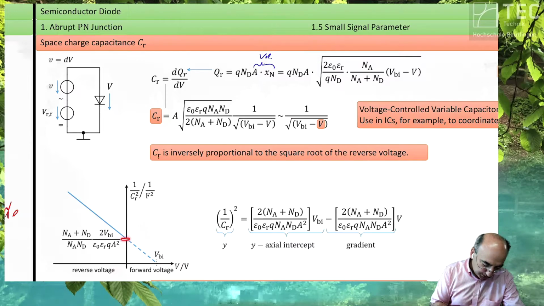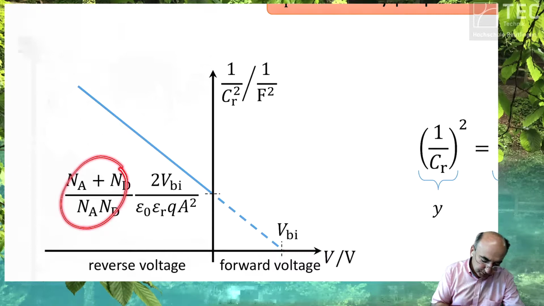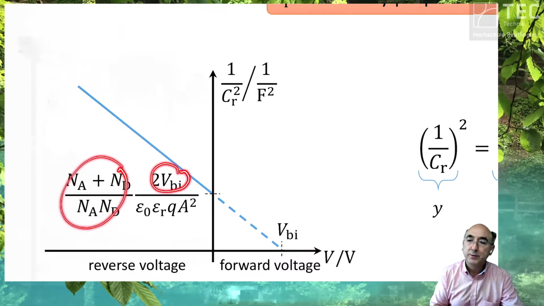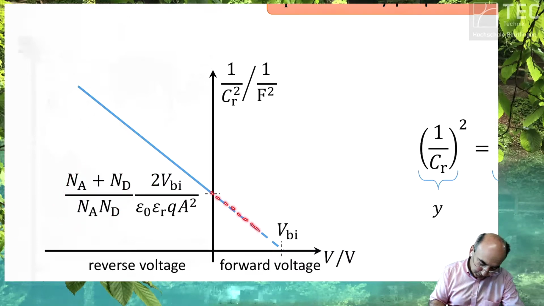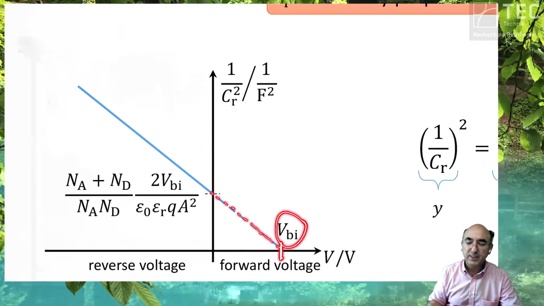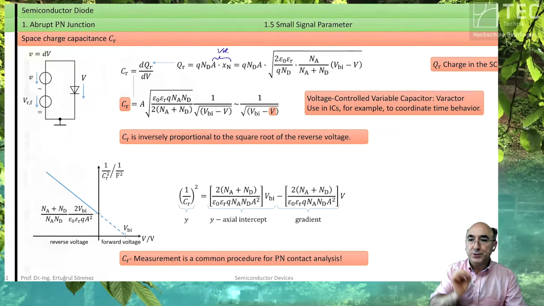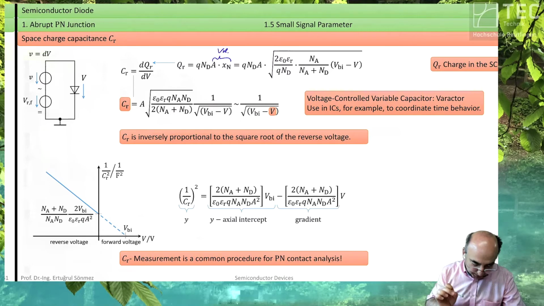From this intersection, you get the doping concentration and the built-in voltage values. And if you extrapolate to forward bias, to the intersection with the x-axis, you get the built-in voltage itself. So by capacitance measurements, you can characterize the physical parameters of the diode itself.